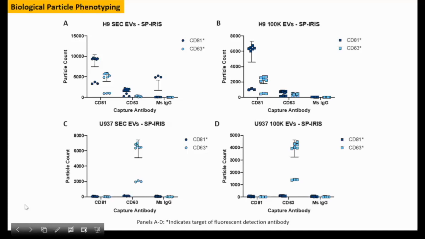CD81-captured particles that also display CD63 appear to have more CD63 available for binding by fluorescent antibody, compared to CD63-captured particles, which seem to have less available CD63 because it's already sequestered by surface binding.